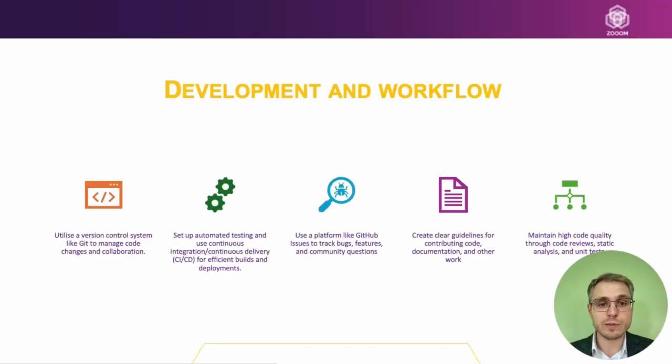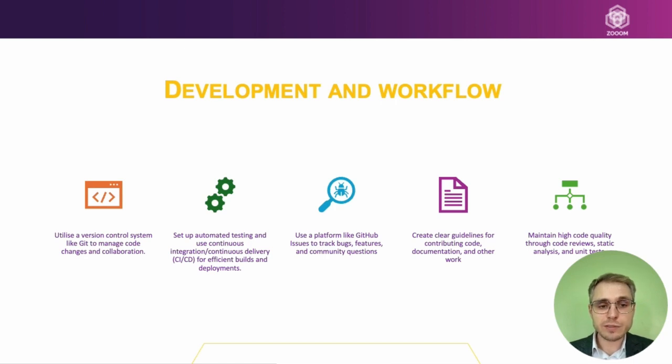project matures and evolves. So you must very importantly set up a workflow that utilizes a version control system like Git, for instance, to manage code changes and collaboration. You must very importantly set up automated testing and use continuous integration and continuous delivery for efficient builds and deployments.